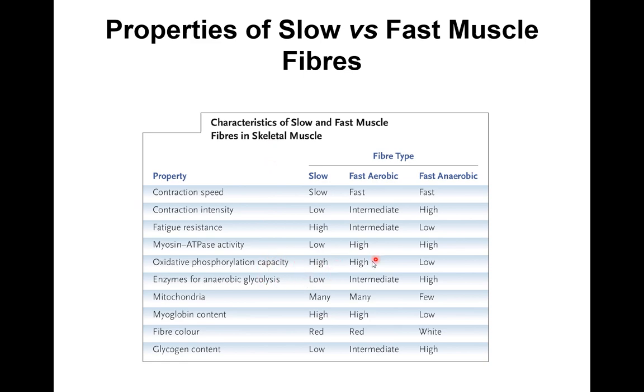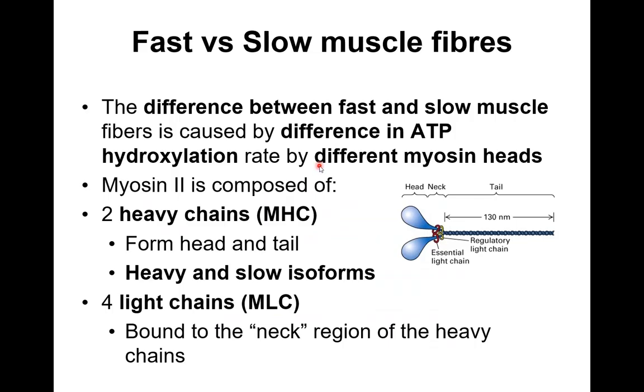Okay. Now, let's look at that. Well, the difference between them ultimately is in the head of the myosin 2 chains that make up the thick filaments. So now, if you look at the structure of the myosin, you can identify three main parts.